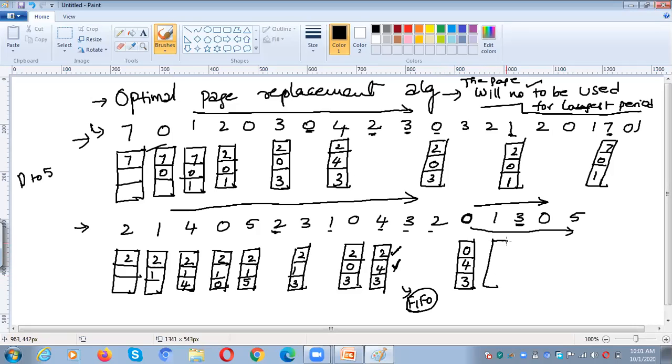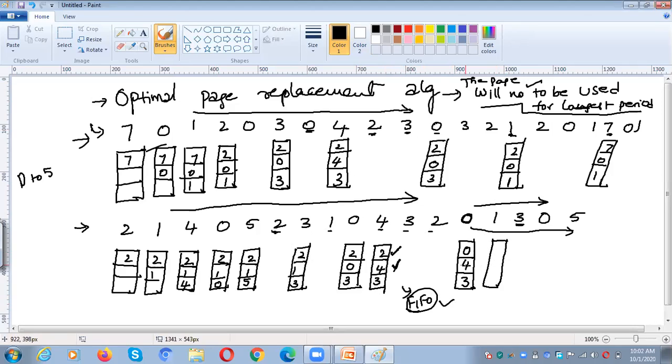Yes, ma'am. In some situation, it might be that the frames are not there in the future reference. In that case, you need to go for FIFO. If it is a dilemma case, then you need to go for the FIFO.